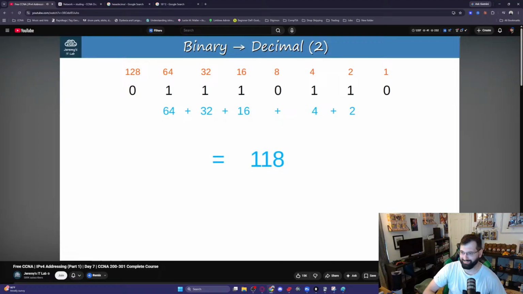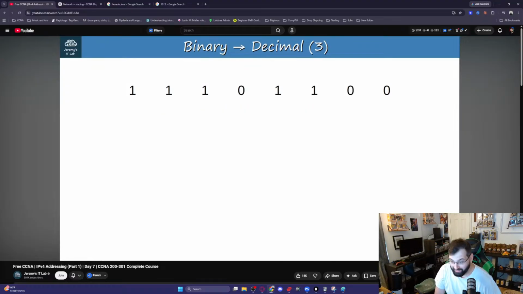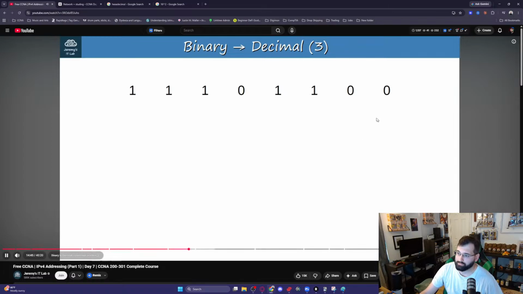Basic addition. What is binary 11101100 in decimal? This time I won't display the value of each binary digit above. Okay, so we have 1, 2, 4, 8. So 4 and 8 is 12. 12 and 32 is 48. 48 and 64.